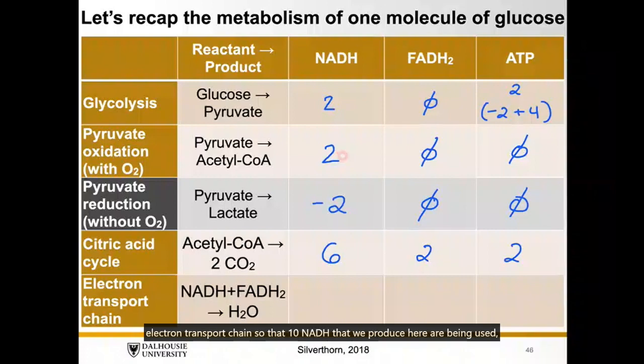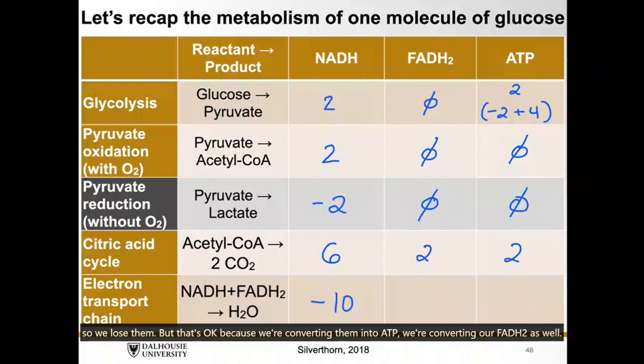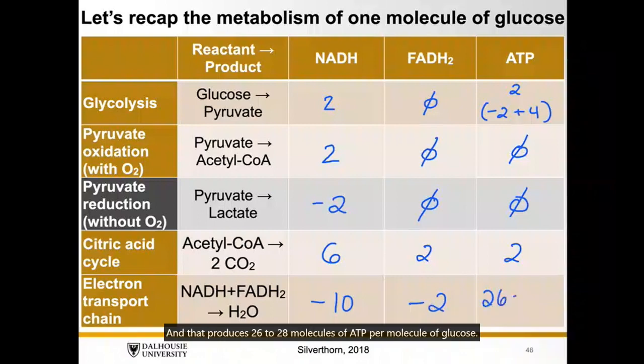So the 10 NADH that we've produced here are being used, so we lose them, but that's okay because we're converting them into ATP. We're converting our 2 FADH2 as well, and that produces 26 to 28 molecules of ATP per molecule of glucose.